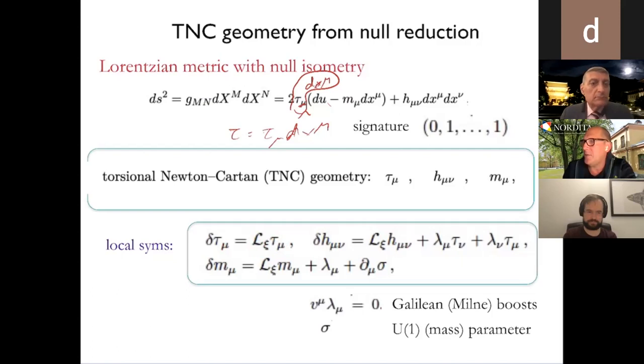So tau is inert under the Galilean boost, h transforms in a certain way, and the same with m. And in addition, there's the U1 isometry, of course, corresponding to shifts in u, and it acts like an ordinary U1 gauge transformation on m. This is very algebraic, very technical, but I'll get to the interpretation of this.